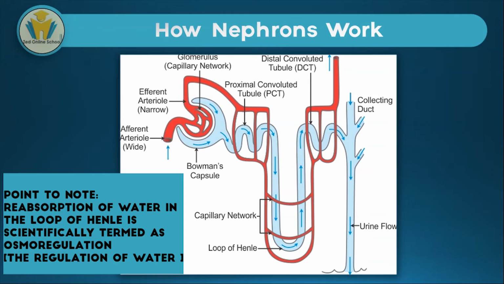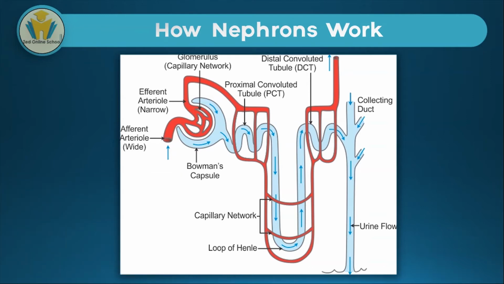We'll talk about osmoregulation more under the study tips section. So make sure you stay around and reach that part because we've got a lot of information for you there today. So in the loop of Henle, as we have said, water is reabsorbed in the body depending on whether blood contains a lot of water or not.